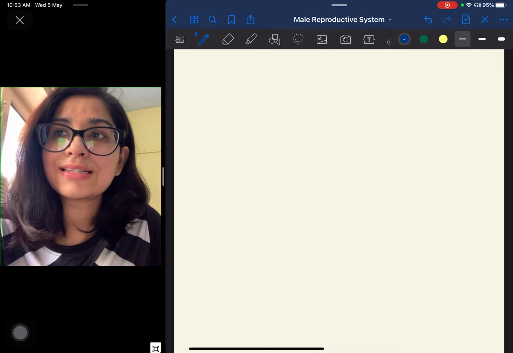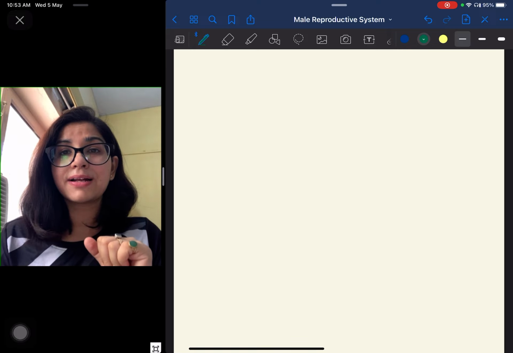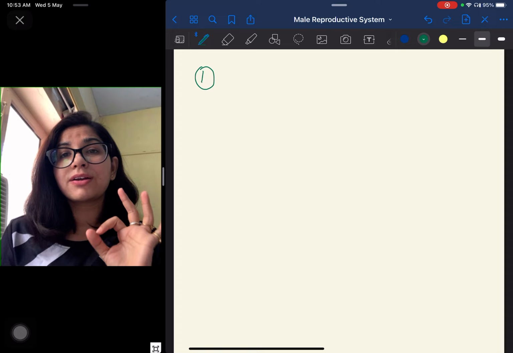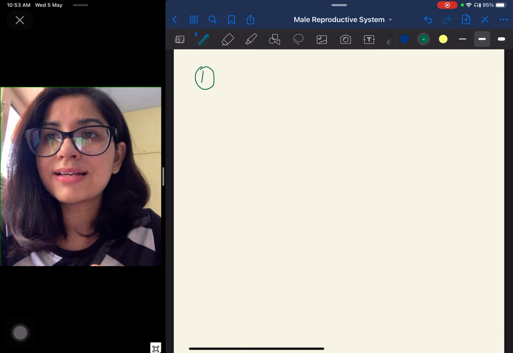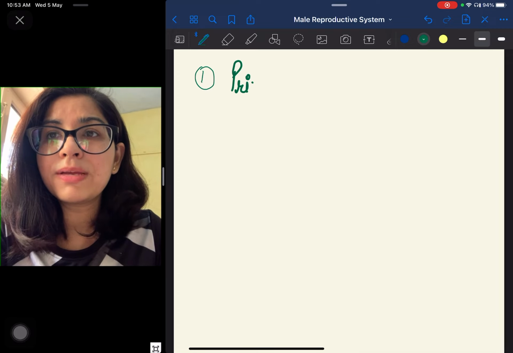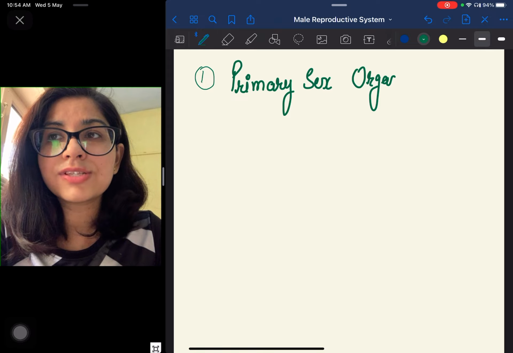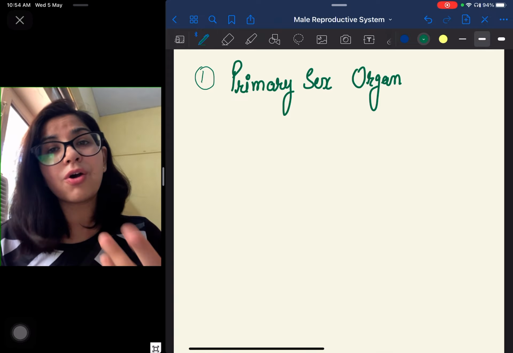That list is very, very important. First, you have to draw the primary sex organ. Primary means, bachcho, the main sex organ in the male reproductive system. If you don't know it, how will you draw it?